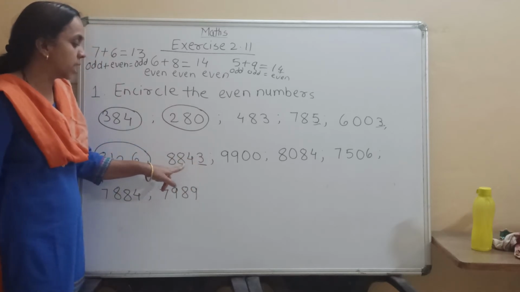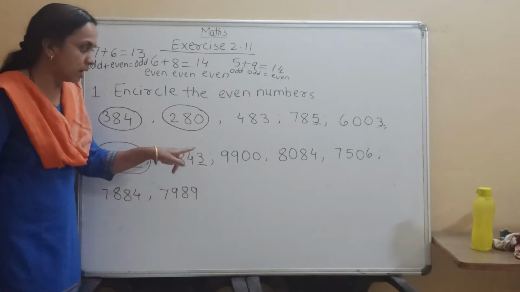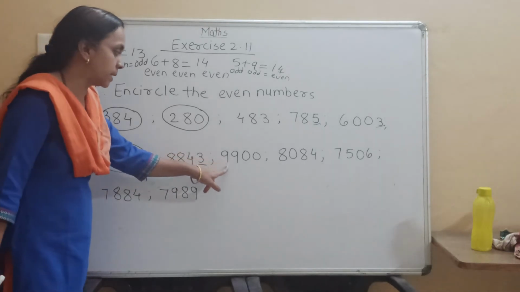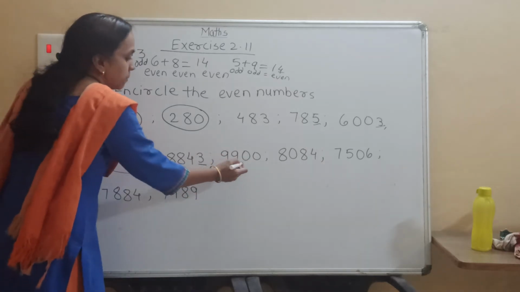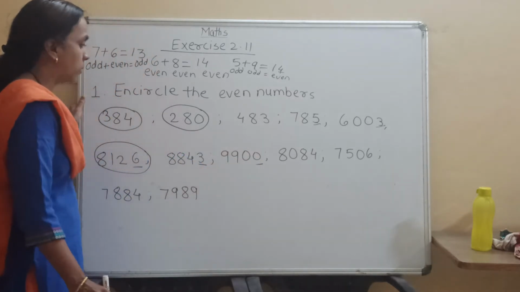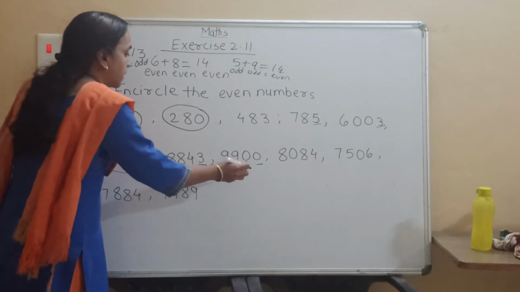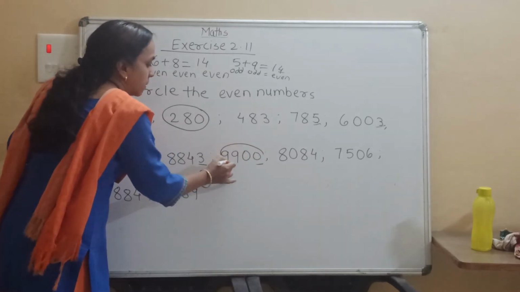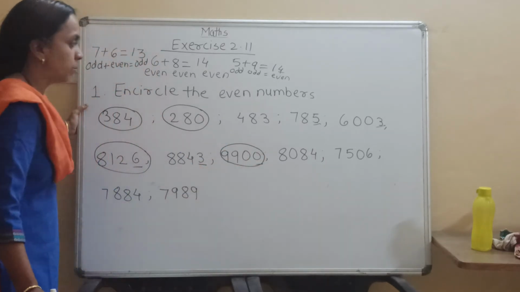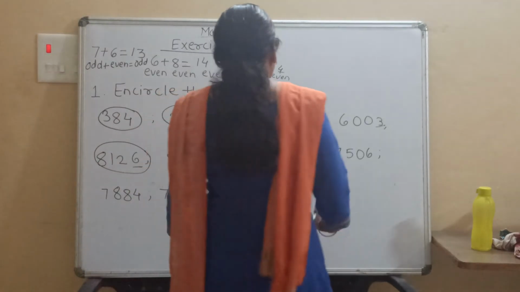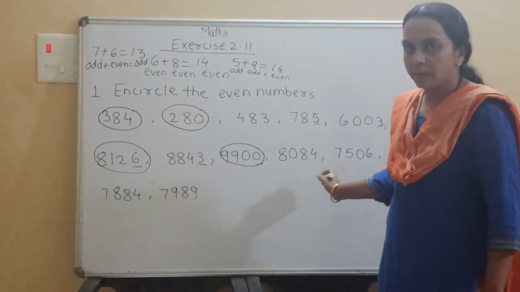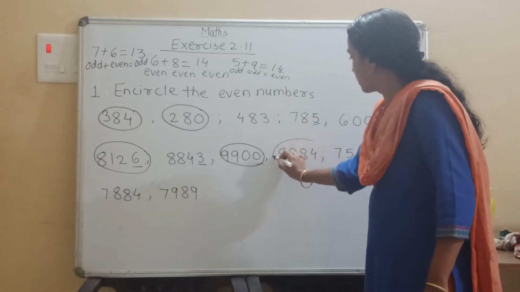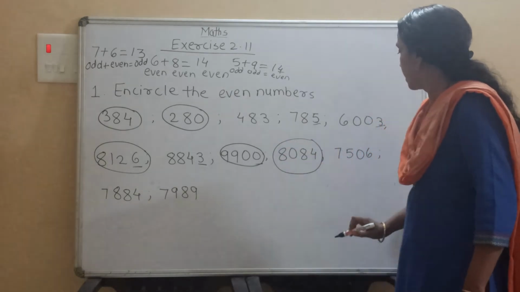So 8843 is an odd number. Then which number is there? 9900. So this number is ending with 0. 9900 is an even number. So circle this number. Then which number is there? 8084. So 4 is an even number. So we have to circle this. This is an even number.